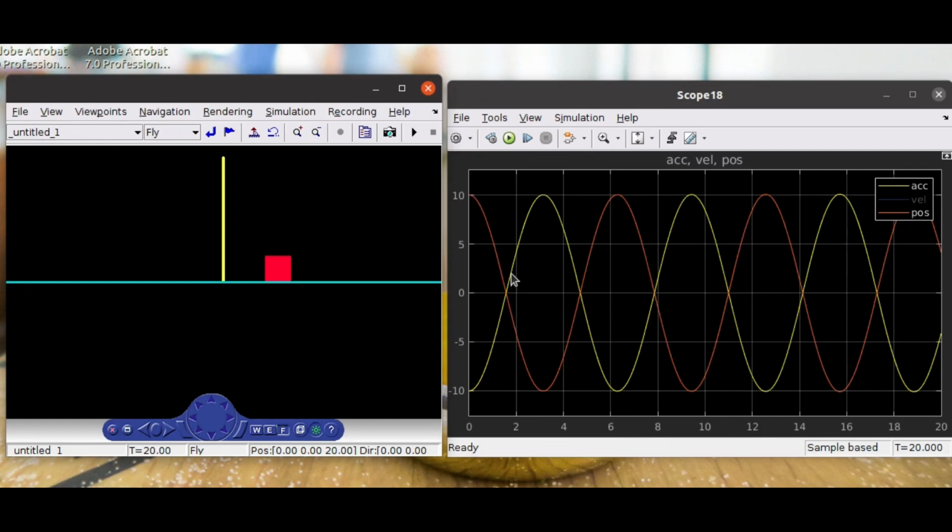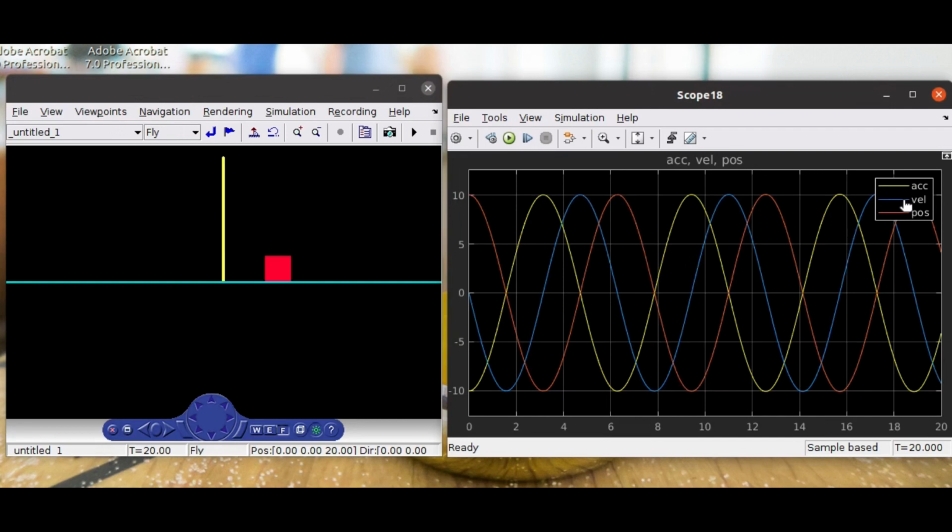But if you think about what is happening to the velocity of the body while doing so, then as the force is applied on the body, the velocity will keep on increasing.